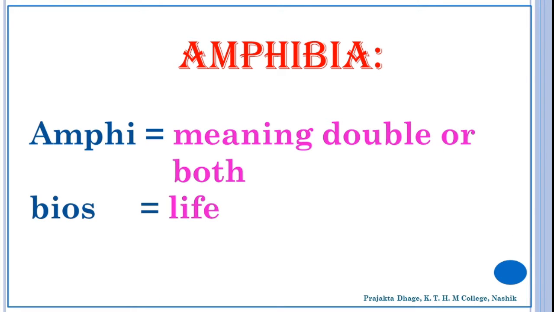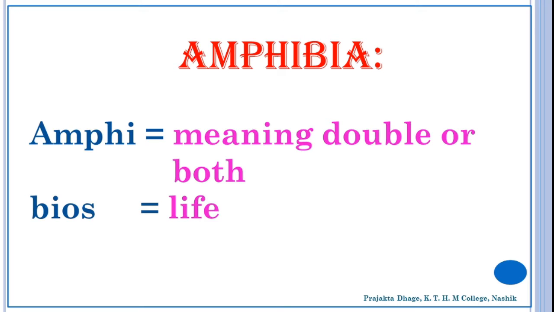Now, the major event in animal history was a shift from aquatic to terrestrial mode of life. Amphibia: amphi means double or both, and bios is life.